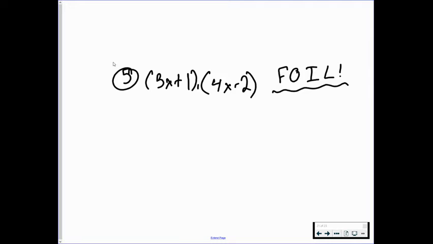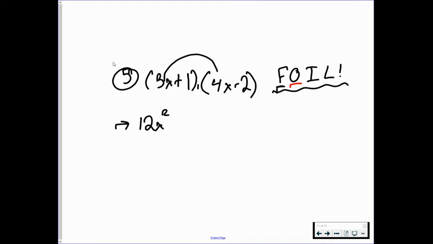So we're going to FOIL these two binomials together. Starting with the first term, 3x times 4x. 3 times 4 is 12. x times x is x squared. So that is 12x squared for the first term.